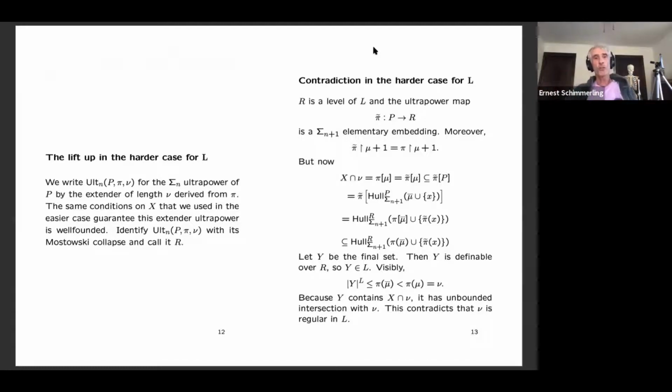we want to lift up P to get some R. And we're going to take an ultrapower, which I'll call Ult_n(P, pi, nu). It's the Sigma n ultrapower of P by the extender of length nu derived from pi.